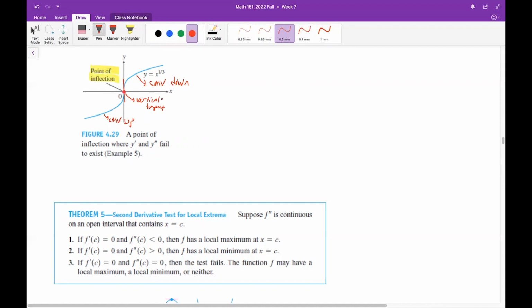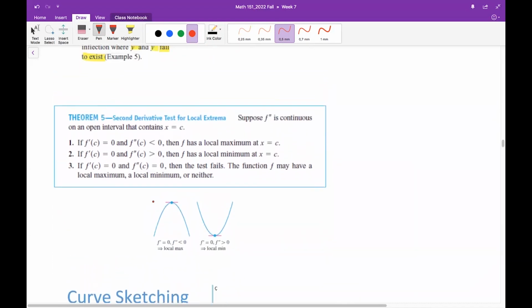By the way, at a vertical tangent point, the first derivative is undefined. We may also have this kind of inflection point where the first and second derivatives fail to exist. If the first derivative is undefined, obviously you cannot find any second derivative. So this is an interesting example of an inflection point where the first and second derivatives of the function fail to exist.